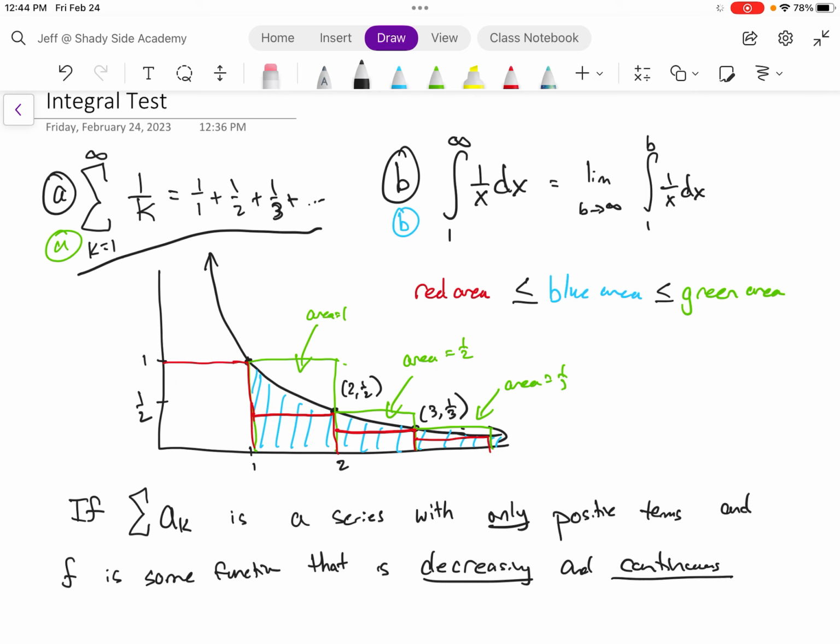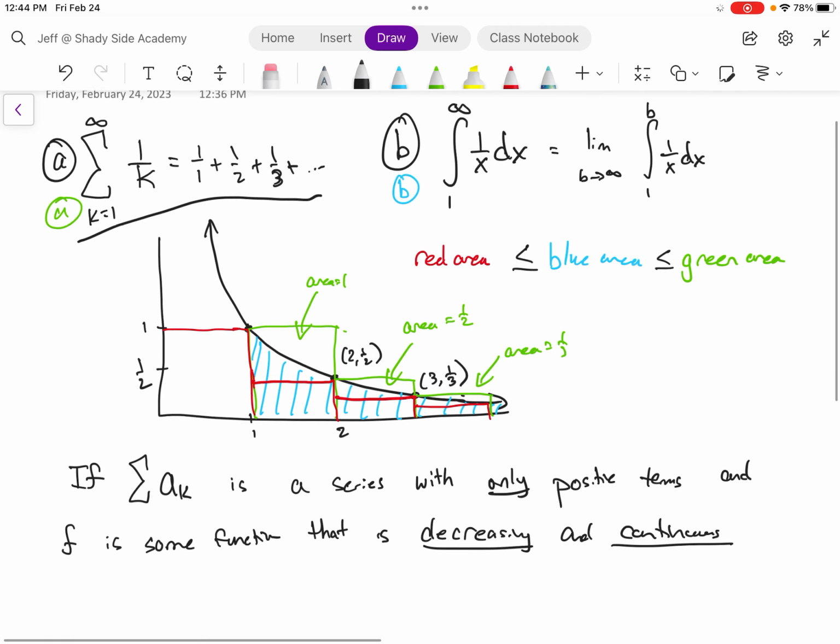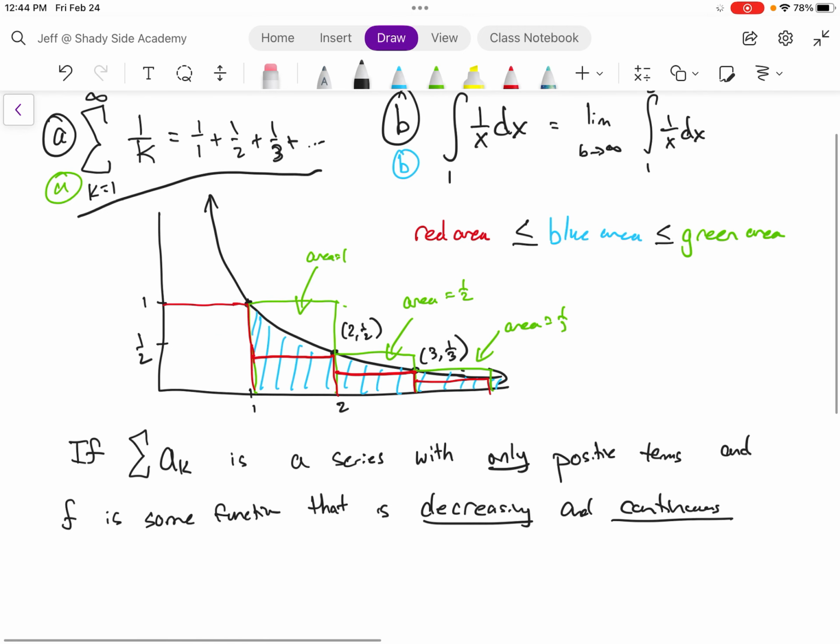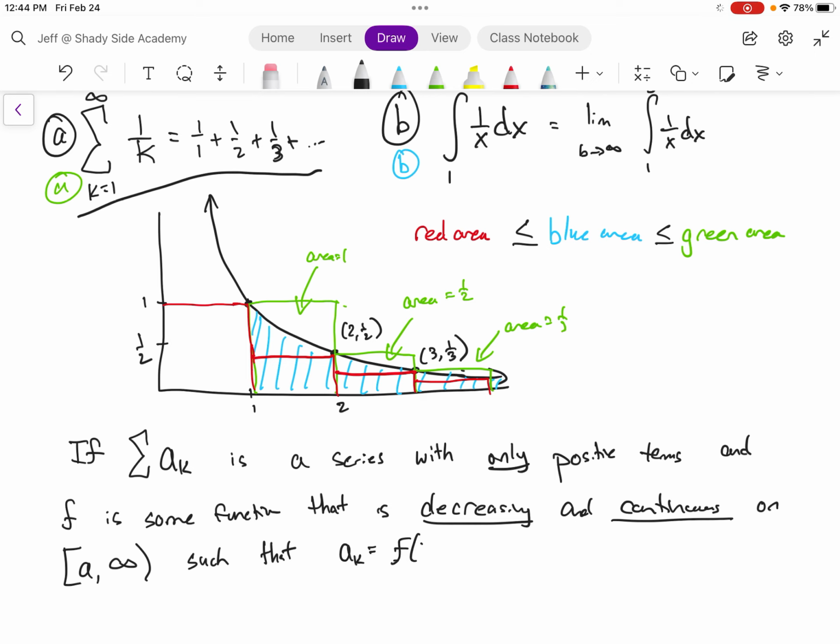Okay, we'll talk about sort of why those are critical in class. We'll say from a to infinity, from some a to positive infinity, such that a sub k equals f of k.